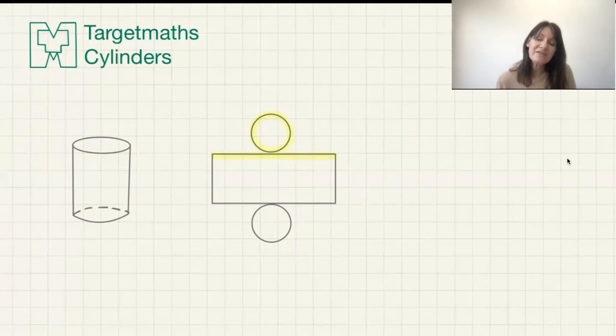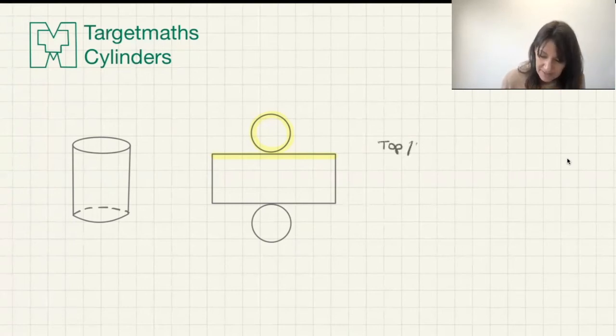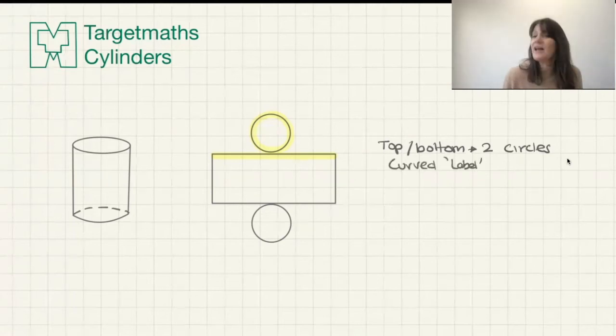If I'm having to find the surface area, which is the area of the entire shape, then I am going to be finding the top and the bottom, which is basically two circles. And I'm going to be finding the curved surface, and there's nothing wrong in thinking of it like the label, which is one rectangle.